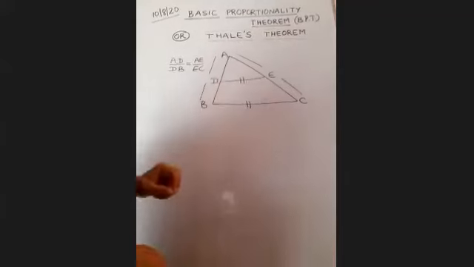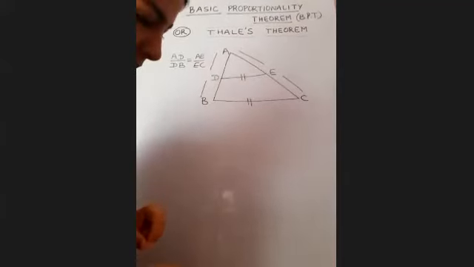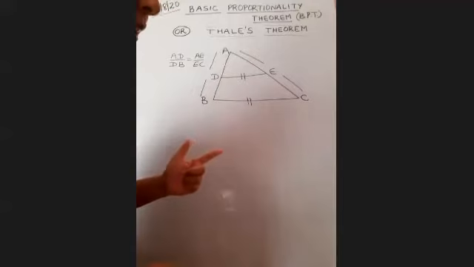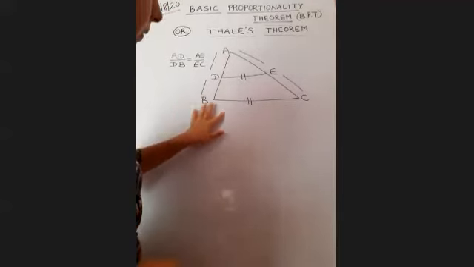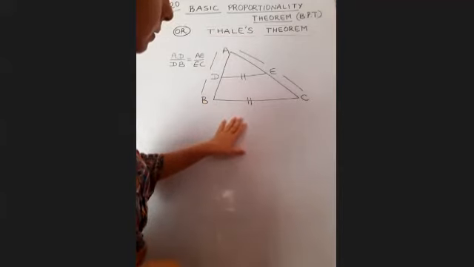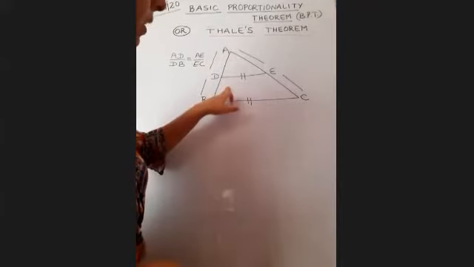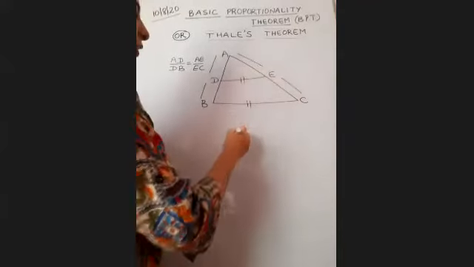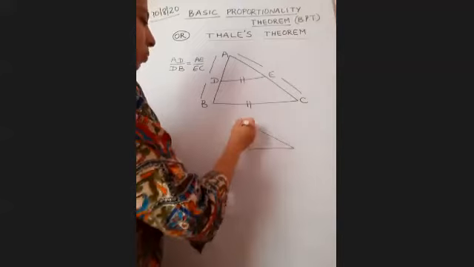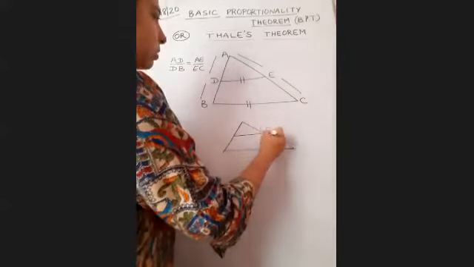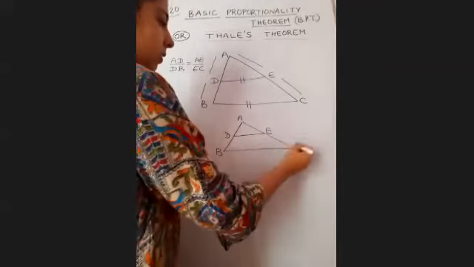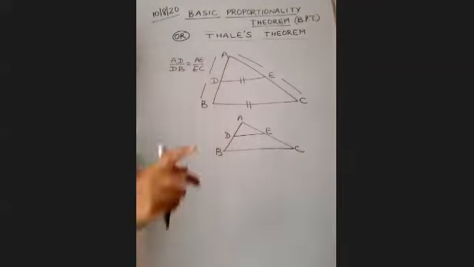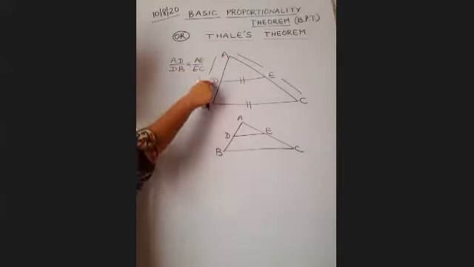Ma'am, did we do this type of question in the last exercise? Let me clear what that question was. Children do get confused. In basic proportionality theorem, we say AD upon DB.